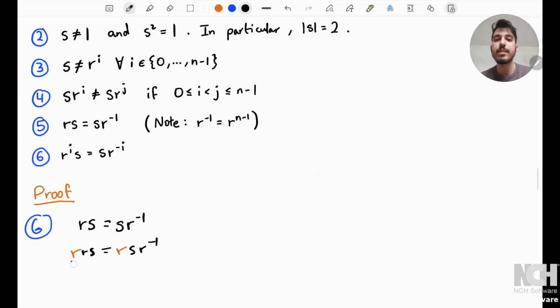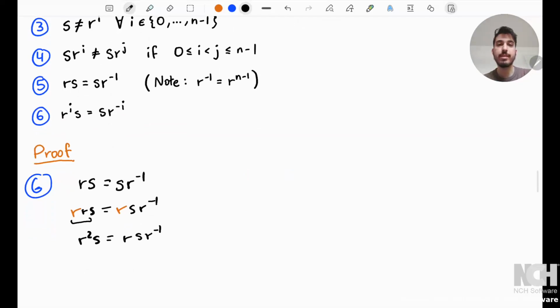And this gives us R squared times S, and this gives us R S R minus 1. And now, because we have associativity in a group, we can work with R S first, and this gives us S R minus 1.